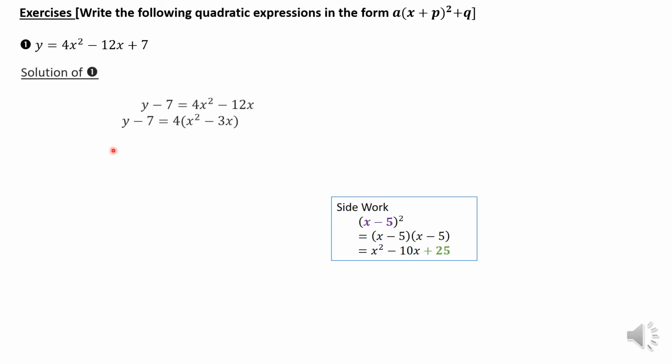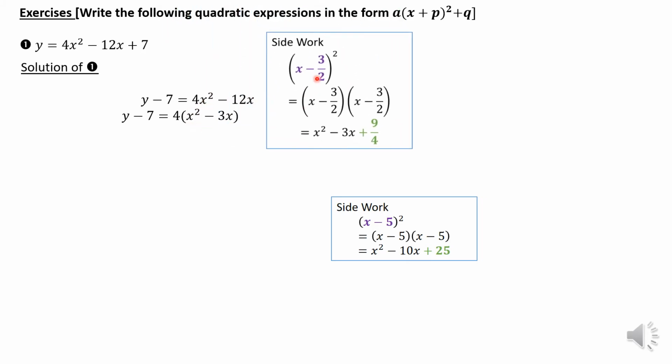So with my method, I first get rid of that 7, moving it to one side. And then it is important because you have a coefficient other than 1. You are supposed to factorize, you take it out. 4 into x squared leaves you with 4. 4 into negative 12 leaves you with negative 3. So this is the part that we are going to work with.